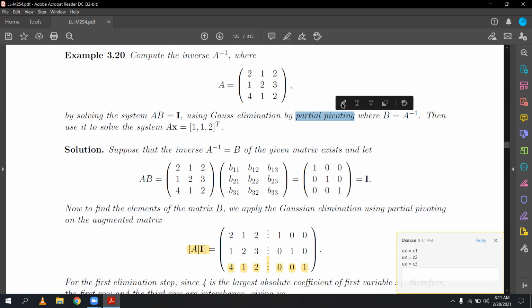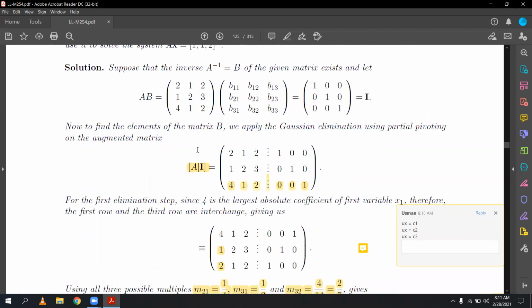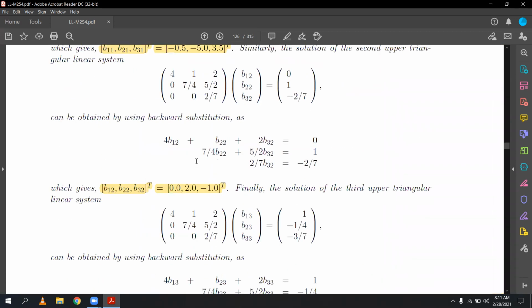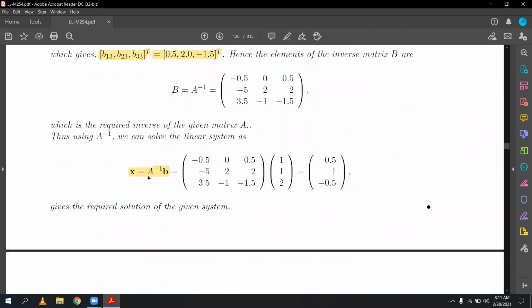And after finding the inverse, you have to find the solution of the linear system. This is your B, the right-hand side. When you have the inverse, then things become very simple. The solution can be obtained as A inverse times B.